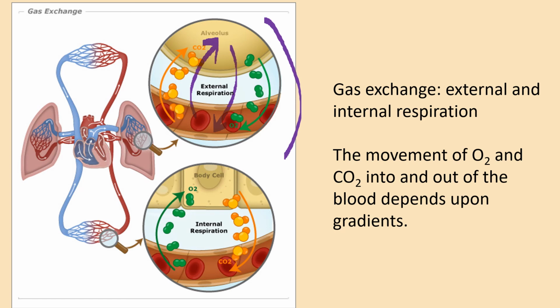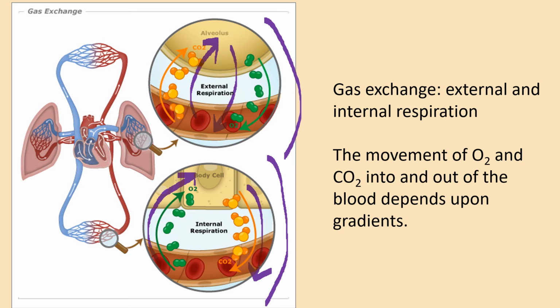Simultaneously, carbon dioxide is going to leave blood that's in a pulmonary capillary, and it's going to join alveolar air. And then as we move into body tissues, we have internal respiration. Internal respiration happens between a body tissue and blood that's in a systemic capillary. And so we have our two color-coded gases again. And during internal respiration, oxygen is going to leave the blood and enter the body tissue. And carbon dioxide is going to leave the body tissue and enter the blood.